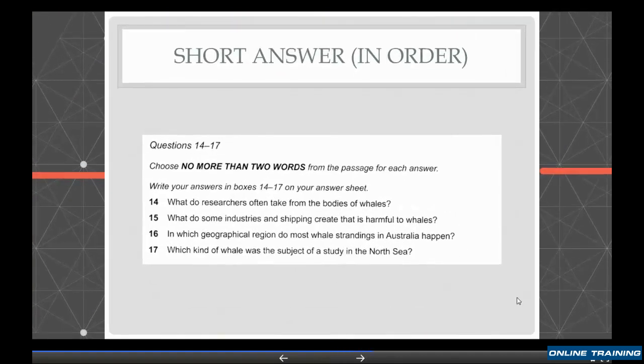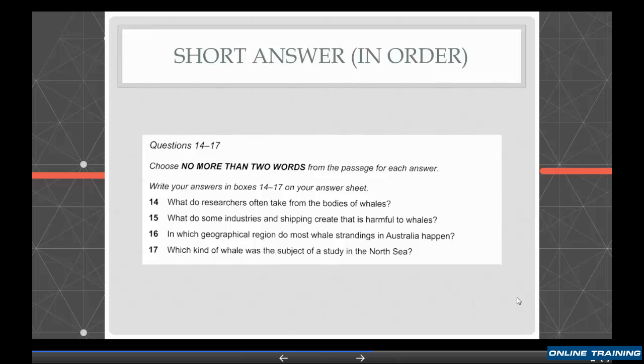Next, our short answer question goes in order. All right. Basically, with this type of question, you have a question like 14 where it says, what do researchers often take from the bodies of whales? You have to be able to look at what are the keywords in that question. Keywords, of course, are our nouns: researchers, bodies, and whales.